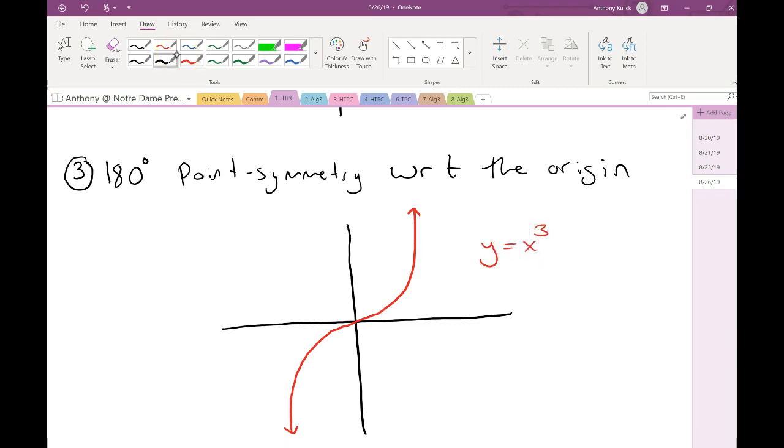Something like y equals x cubed is an example of that. The way I like to think about this is if I take one half of the graph and perform a reflection across the x-axis and then a reflection across the y-axis, I should get the other half of my graph, in either order, whether I did x first then y or y first then x. Everybody okay with that idea?